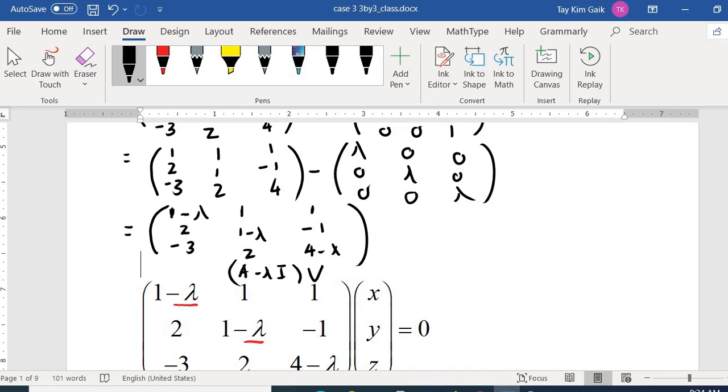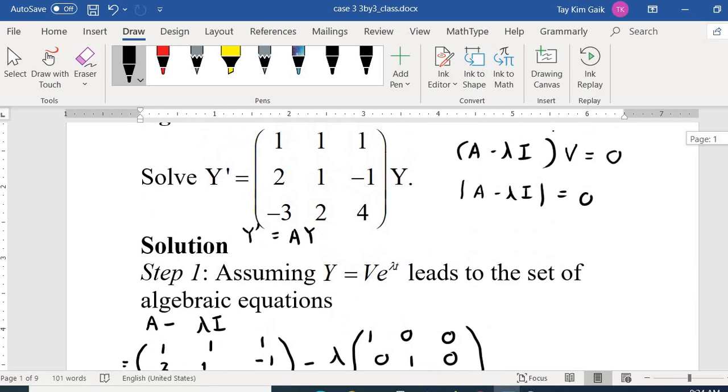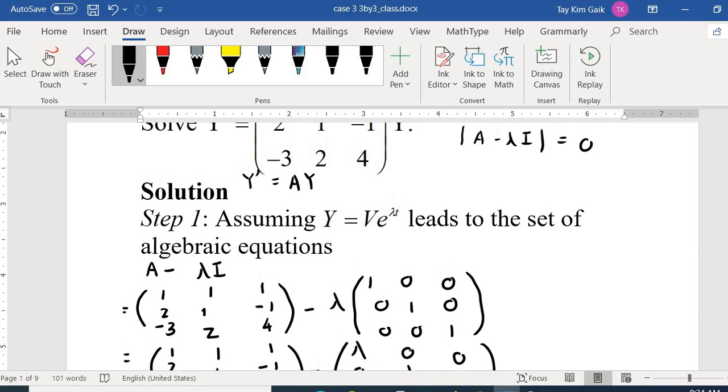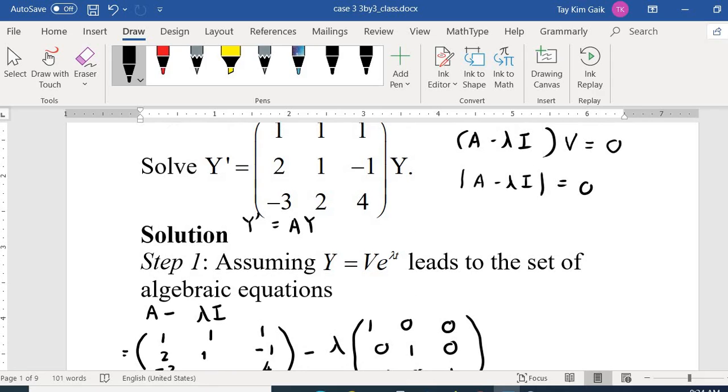If you ask why, if you assume y equal to v exponent lambda t, you arrive at the equation A minus lambda I times v equal to 0. Because you have y prime equal to A y. First, y prime will be lambda v exponent lambda t.